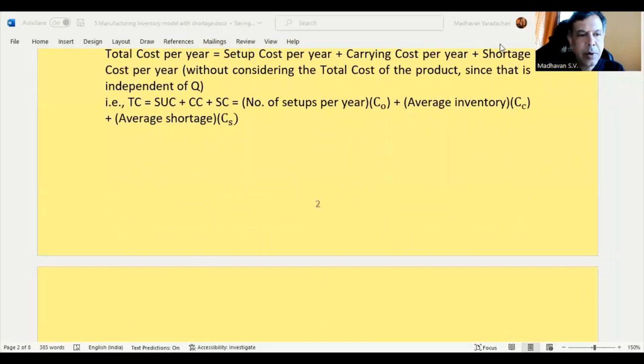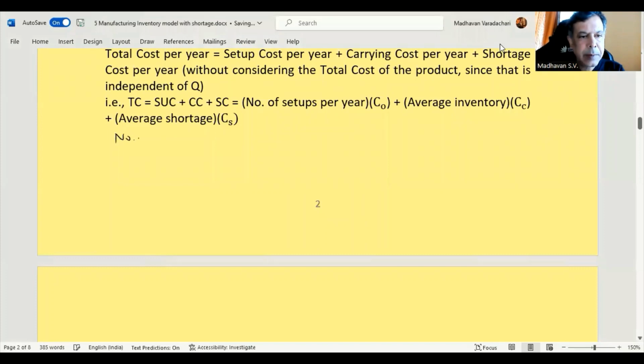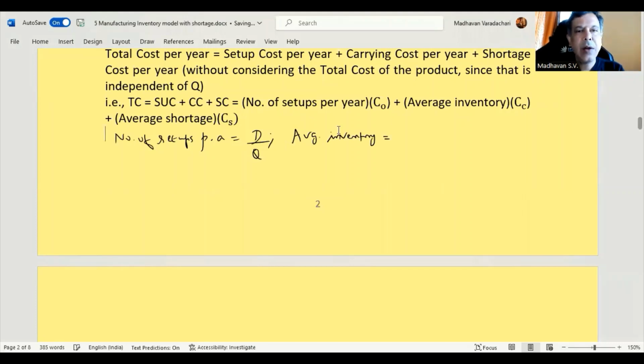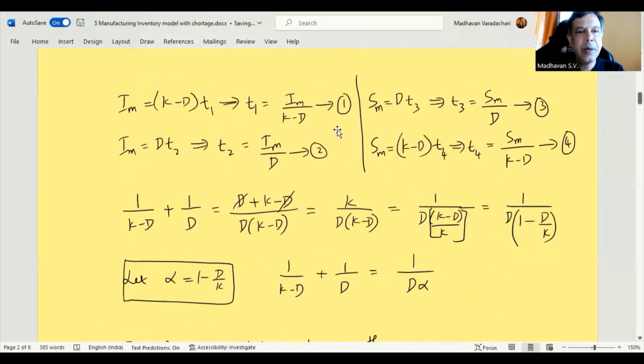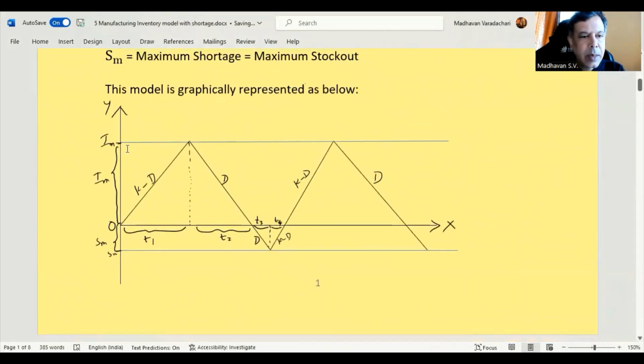Now, the number of setups per annum will be D divided by Q. Then the average inventory: we will see where all the inventory is available in the model. That is maximum inventory, that is IM. It is available in the period T1 and also available in the period T2.